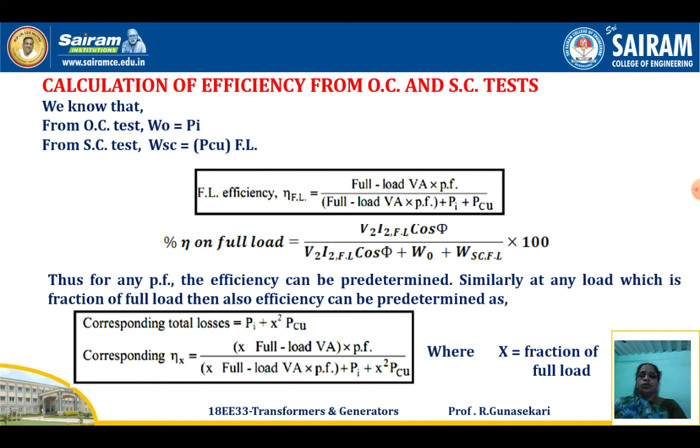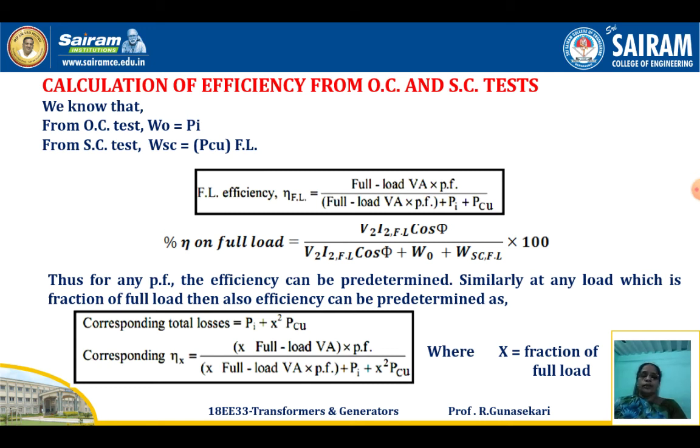For any load, I already told you, iron losses remain constant for all loads. The copper loss only varies with respect to load. So here we are using the X term. X is nothing but the fraction of full load. For example, if 5 amps is the full load current, then half load means 2.5 amps only.